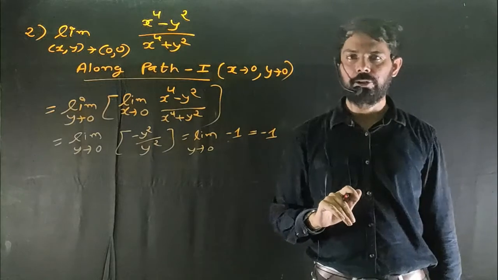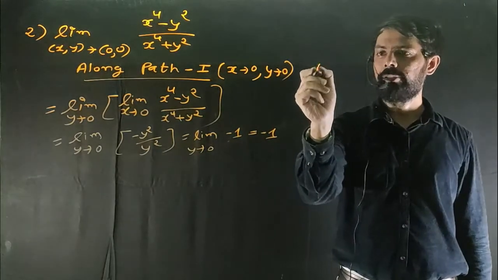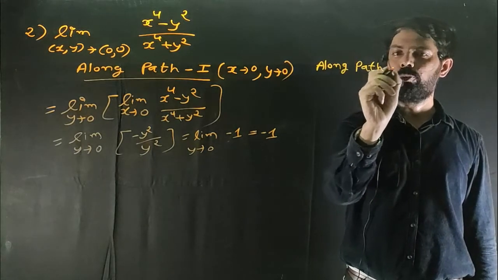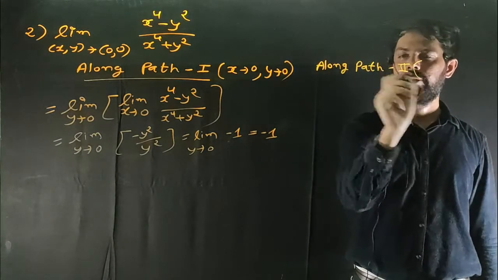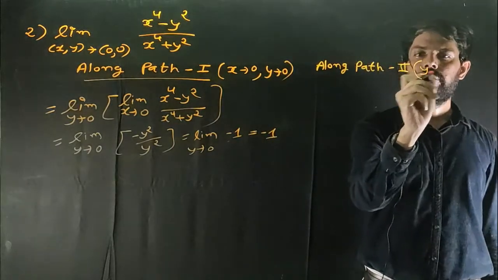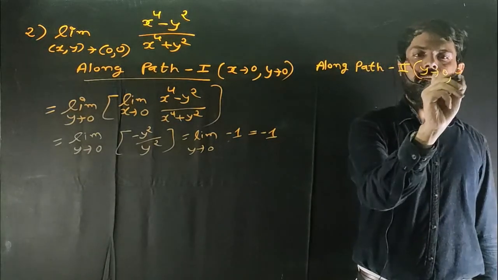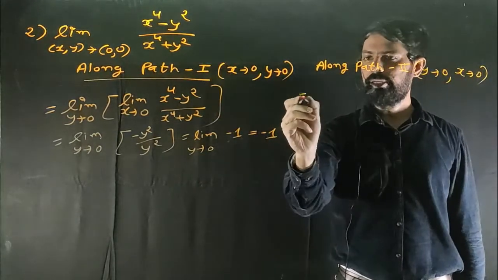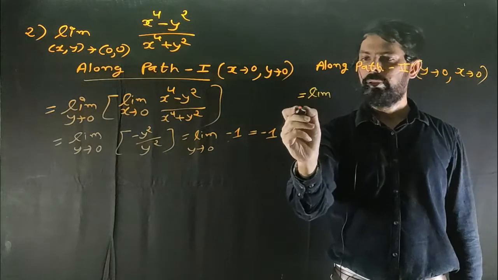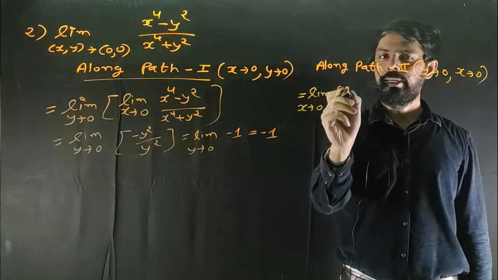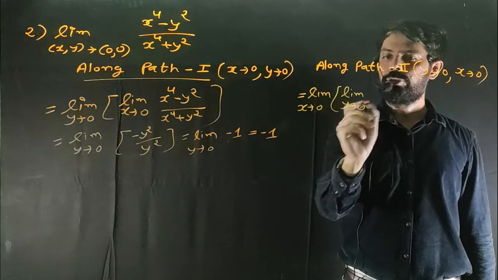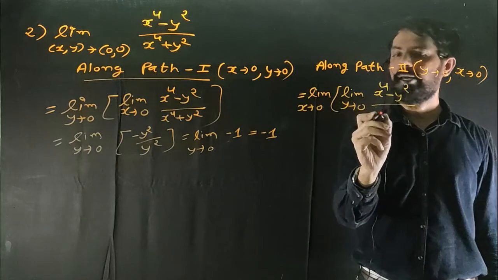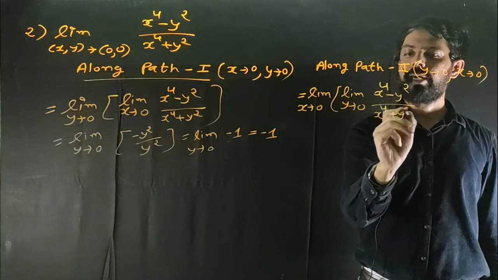Now we will discuss path 2, the limit along path 2. For that we will first apply y tends to 0, then x tends to 0. This can be written as limit x tends to 0, in bracket limit y tends to 0, of the function x raised to 4 minus y square divided by x raised to 4 plus y square.